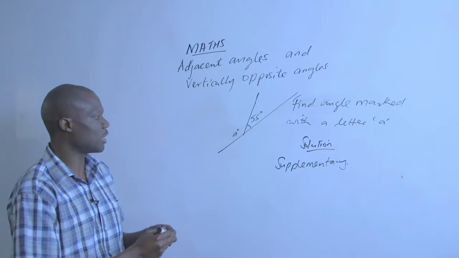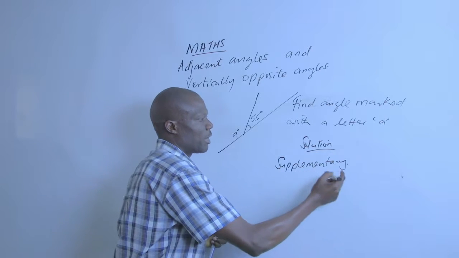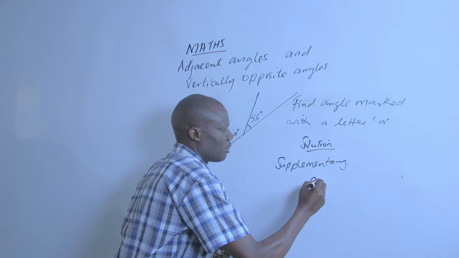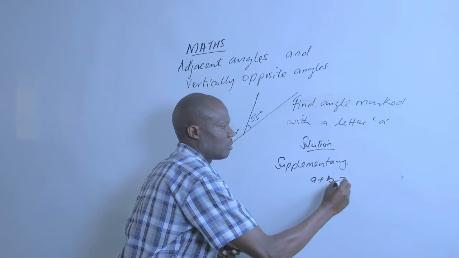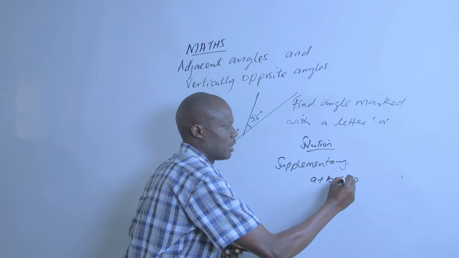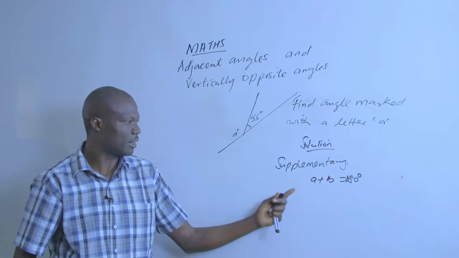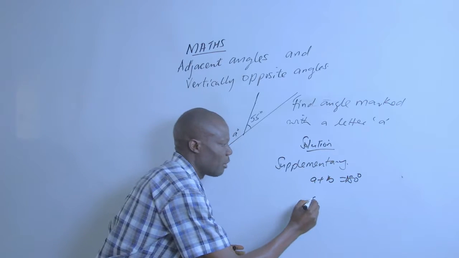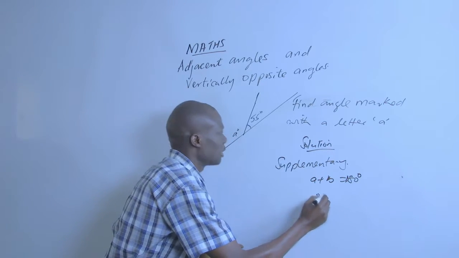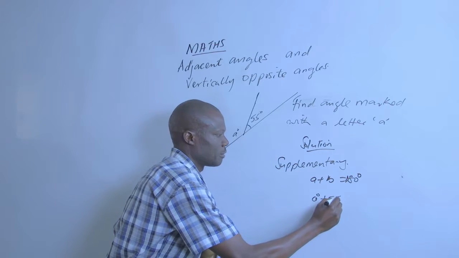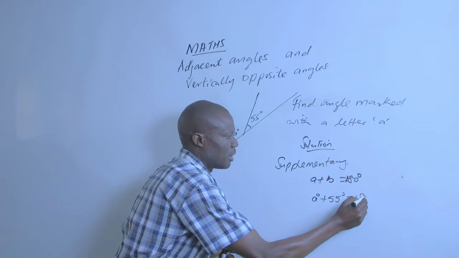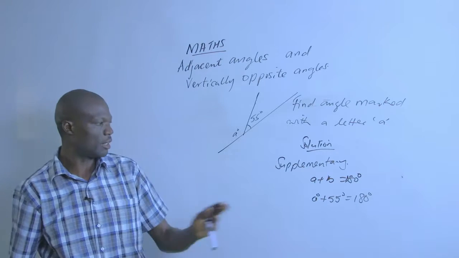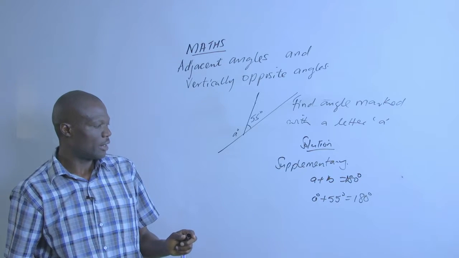Therefore, to solve this, we find that in supplementary angles, A plus B must give us 180 degrees. For this particular case, we have A plus 55 degrees must give us 180 degrees.